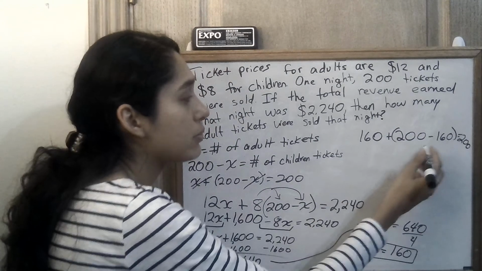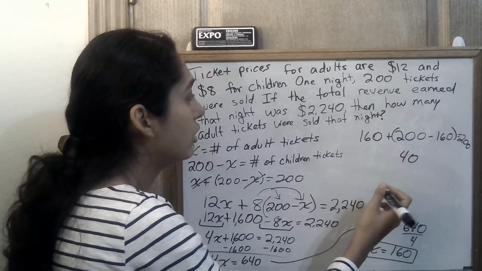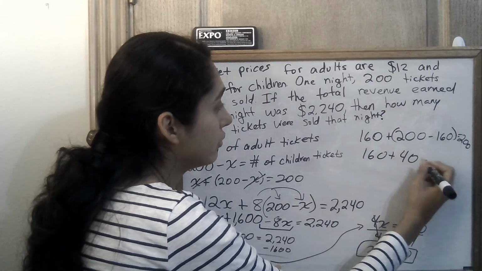I know that if I subtract 160 from 200, I get 40 tickets for children, and that will still add up.